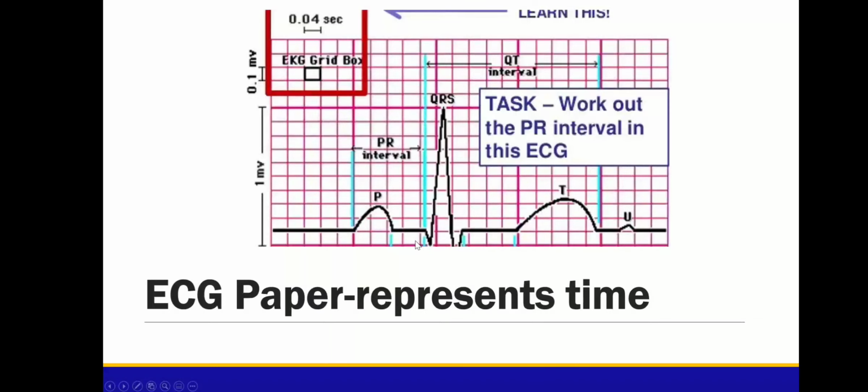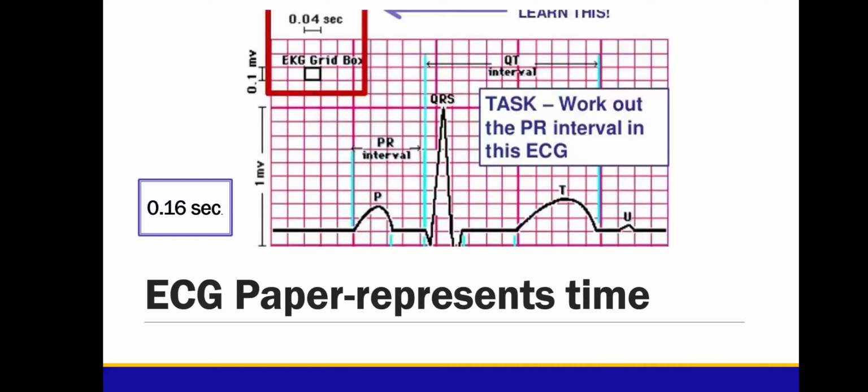So let's take a look in practice. How many boxes are in the P to the Q, or the PR interval? What number do you get? All right, if you got 0.16 seconds, you are correct. And that's how we do measurements. Easy? Okay, I hope this is easy enough for you.